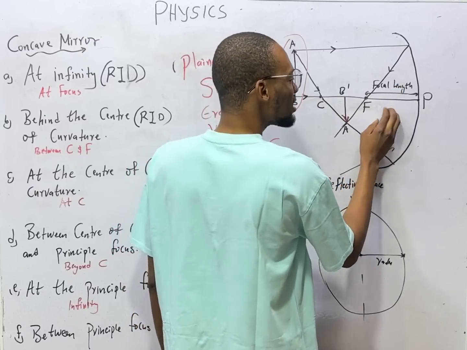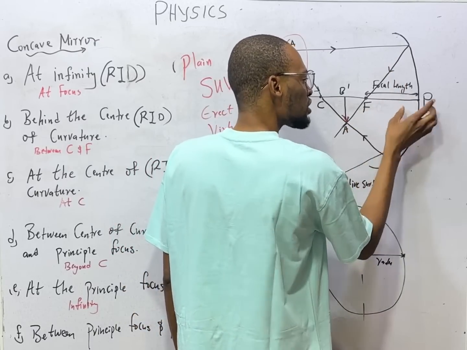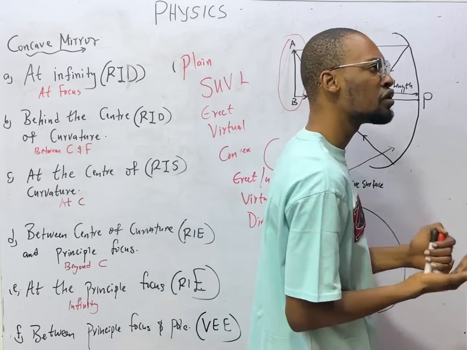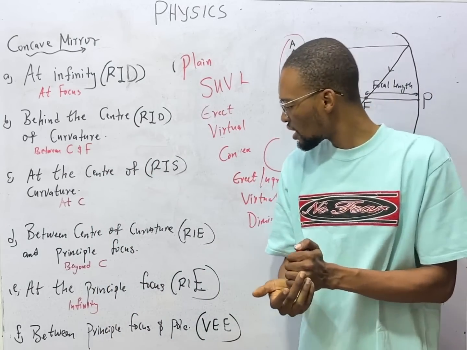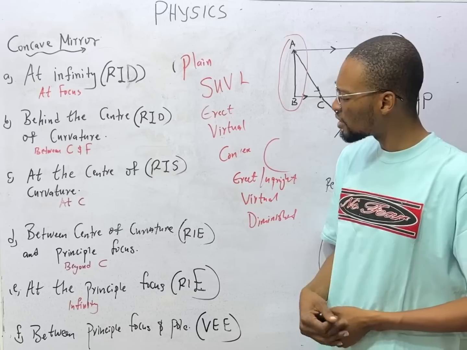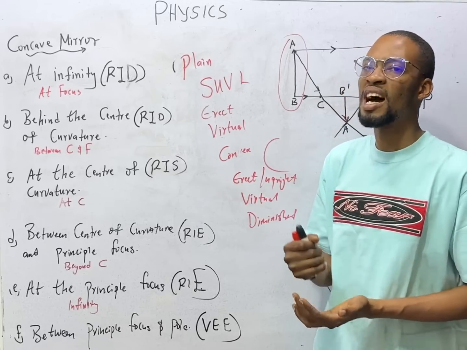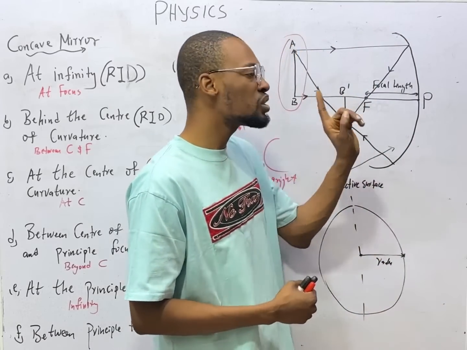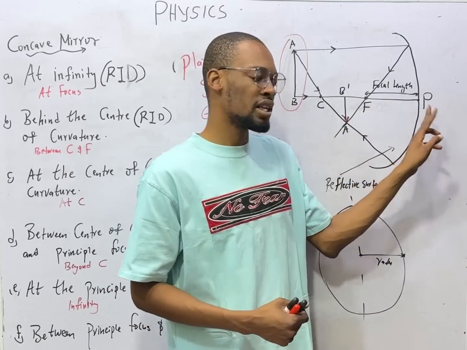But apart from placing the object between this focus and the pole, every other place around here that you place the object, the image formed must be real. And the image formed by concave mirrors is inverted, except in this same case, except when you place the object between the focus and the pole.